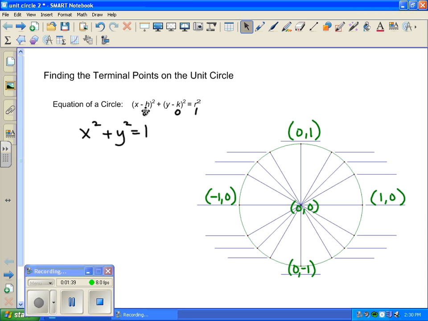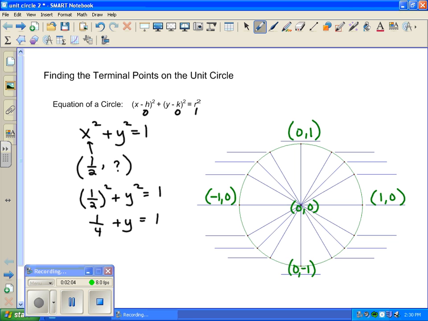Okay, so let's say, for example, we think that we have an ordered pair where the x value is 1/2. Could we find what the y value is using the equation x squared plus y squared equals 1? Yes, we can substitute 1/2 in for x, square it to get 1/4, and then we're going to add that to y squared to equal 1.